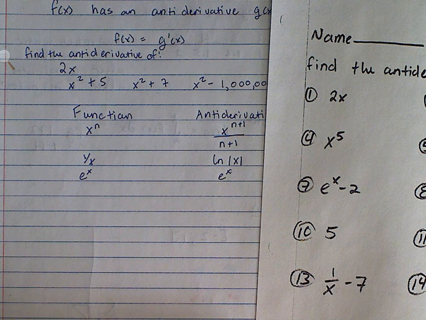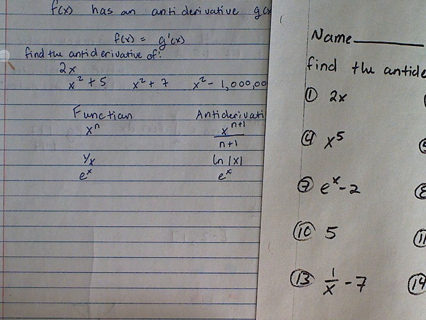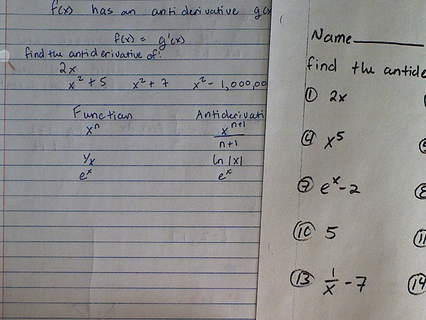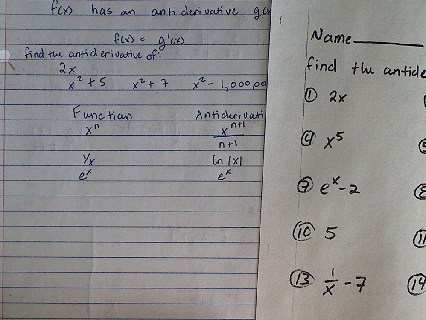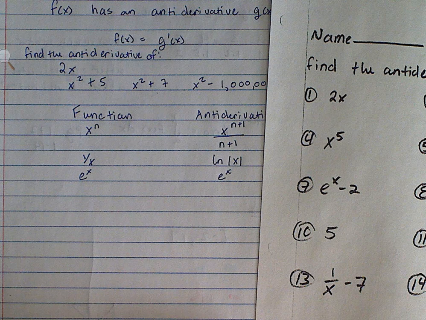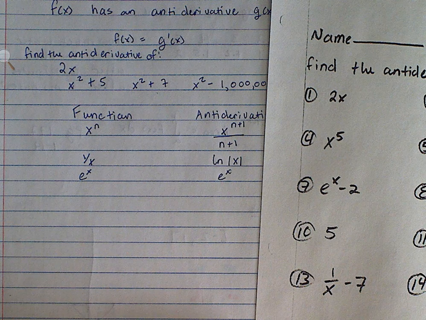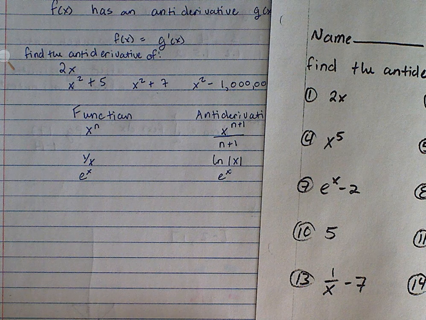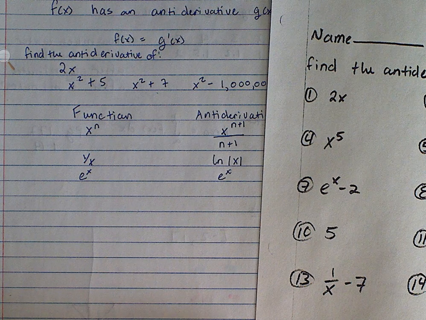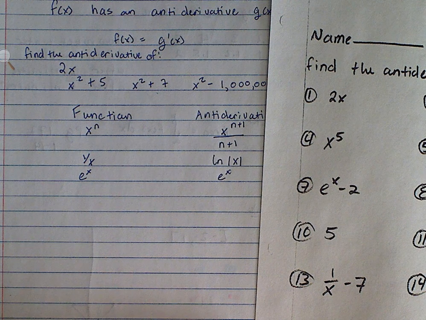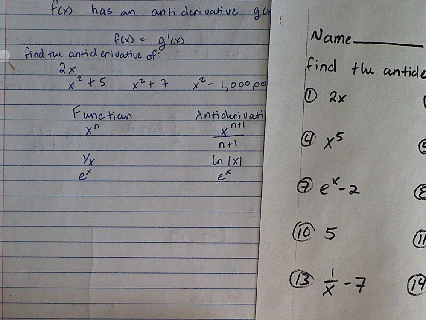And then what do you have to add to the end of it? So plus c. So it's going to be x to the 6th over 6 plus c. And you have to add that c because there could be a constant added to it that when you do the derivative, the constant goes away. So number 4 is x to the 6th over 6 plus c.